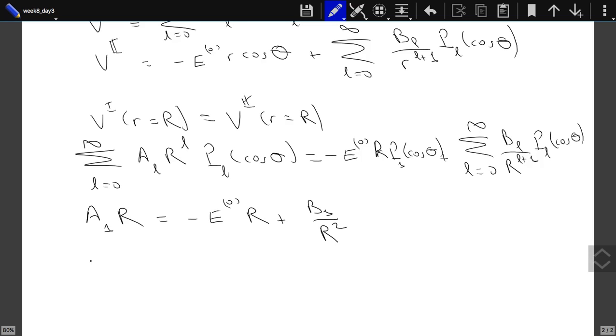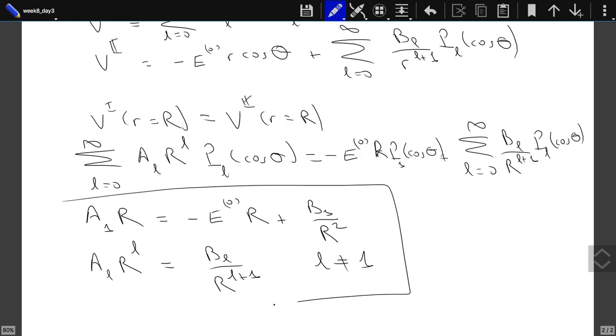For other L's, on the left-hand side I have A_L R to the power L, which should be equal to B_L over R to the power L plus 1. This term only contributes to L equal to 1. So this is one set of equations relating our unknown constants A_L and B_L.